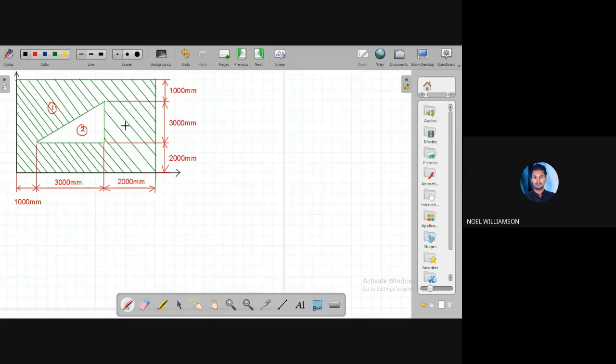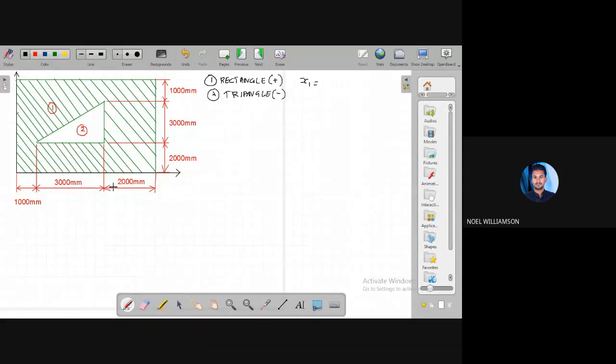Then the two sections, that is, one is rectangle which is to be added, then second is a triangle which is to be subtracted. Okay, so now x1 equal to mid portion of this rectangle.